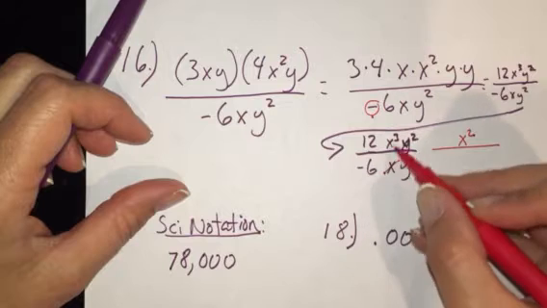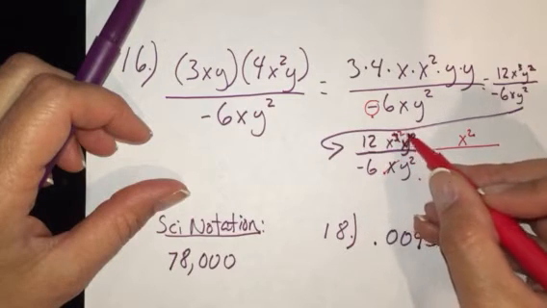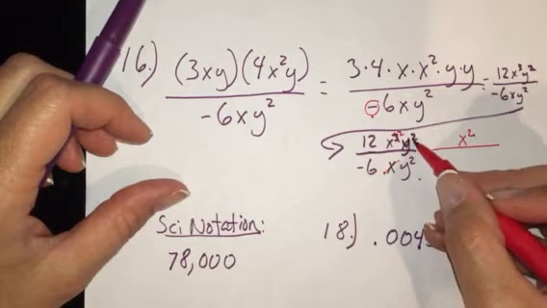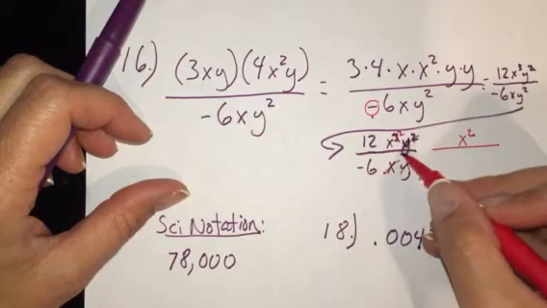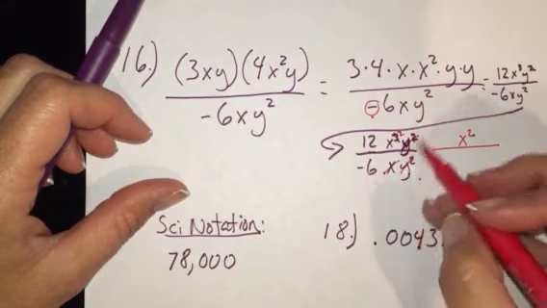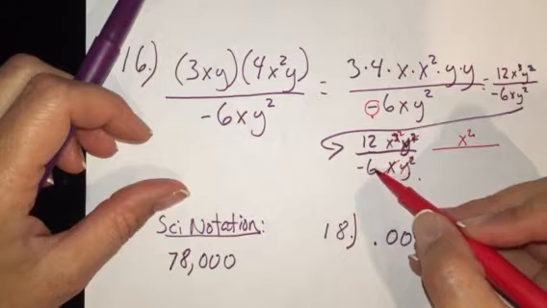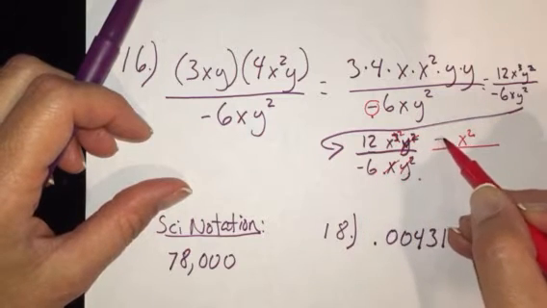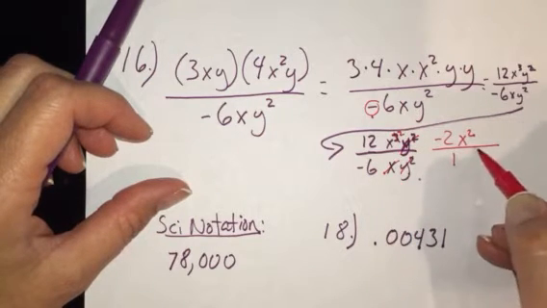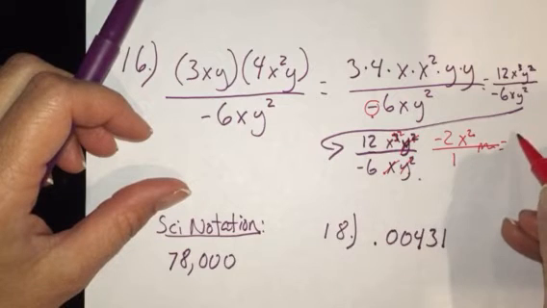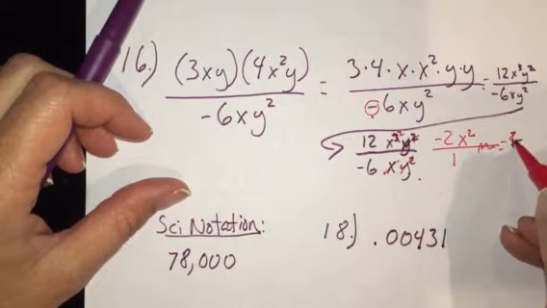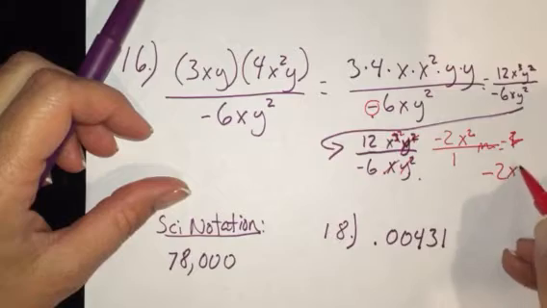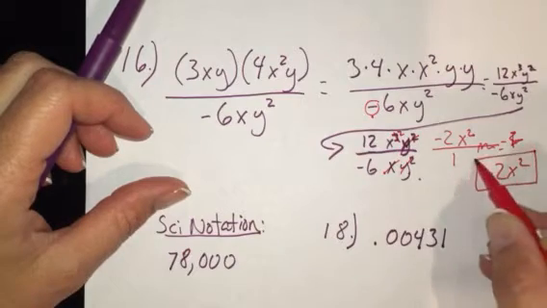And that cancels out. So this becomes a 2. Y2 over y2 cancels to 1s, so that's not going to be there. And then 12 over negative 6 is just a negative 2. And that's going to be all over 1, which is going to equal just simply negative 2x squared. Okay?